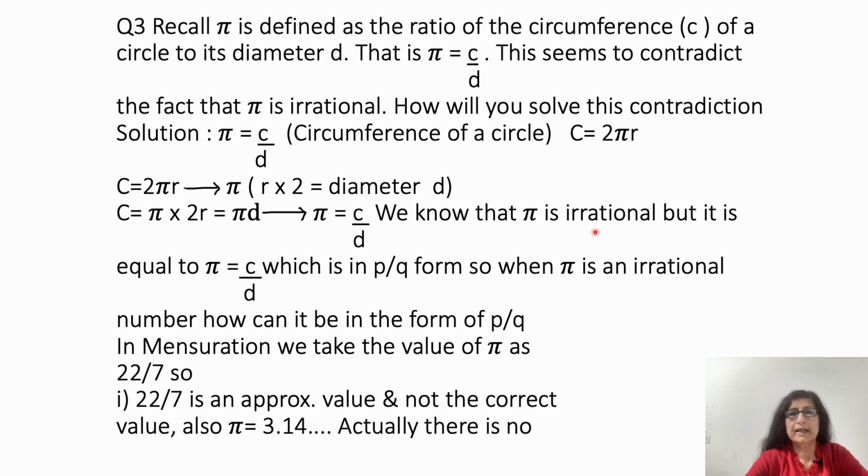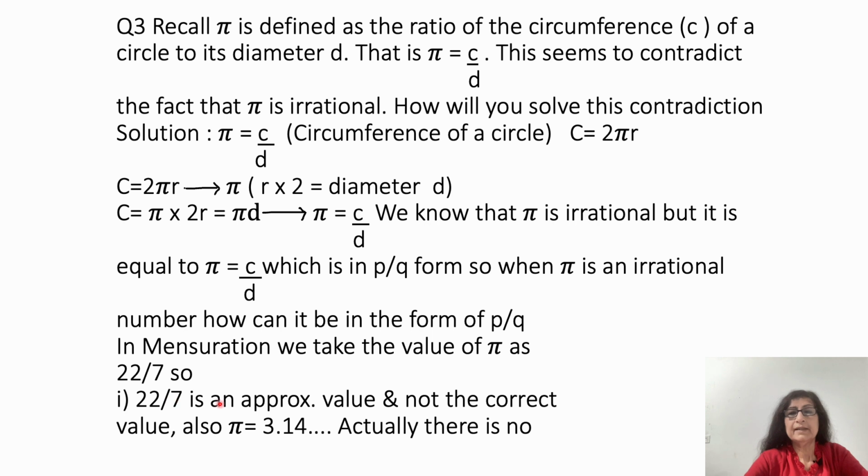We know that pi is irrational, but it is equal to c upon d, which is in p by q form. So when pi is an irrational number, how can it be in the form of p by q? In mensuration, we take the value of pi as 22 by 7.